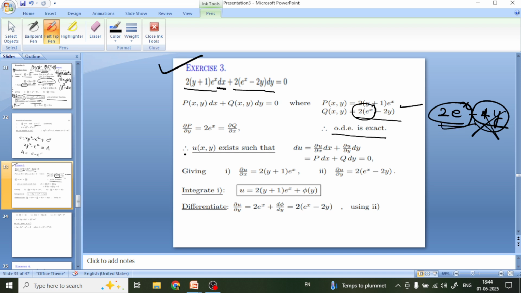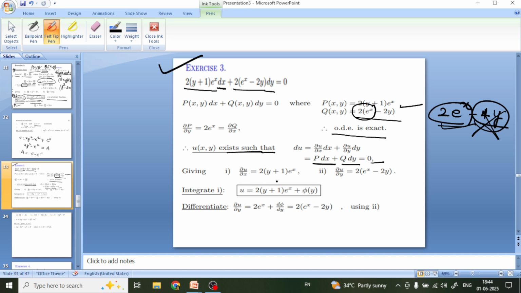Now all lines will be the same, only according to the statement we should put in the values. U(x, y) exists such that du, the partial derivative of u dx plus the partial derivative of u dy, should be p dx plus q dy equal to 0.